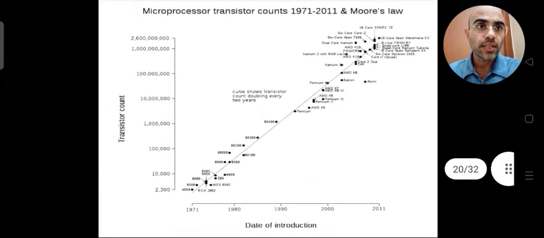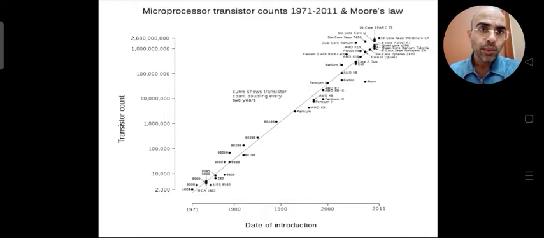Now, considering Moore's law, let me show you the evolution of transistors since 1970, when this law, predicted around 1960, was taking effect. After 1971, you can see how the number of transistors in an IC increased.